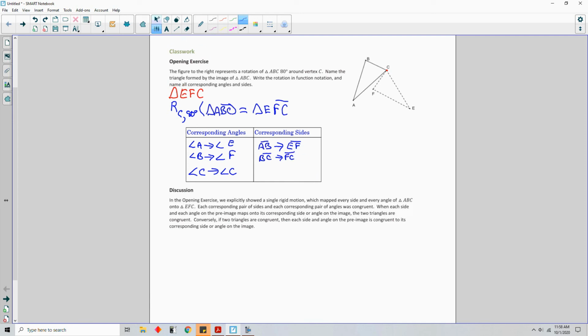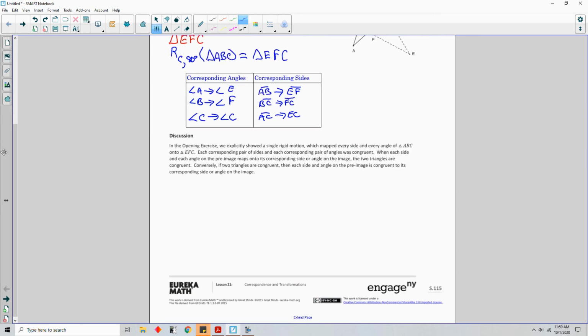Okay, and then finally, if I name AC, I'm using the first and third letter to name that side. First and third letter from the name right here, AC. What's the first and third letter over here? EC. So AC corresponds to EC. And there they are.